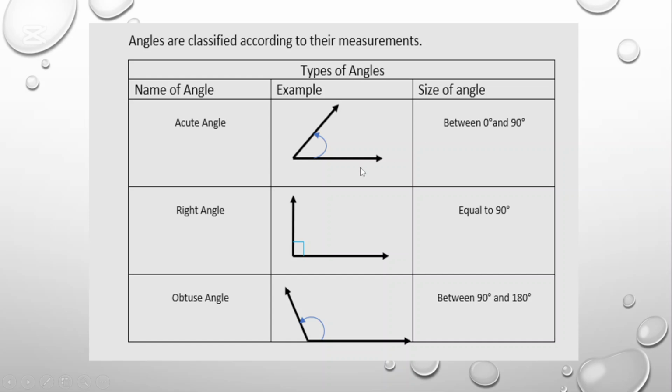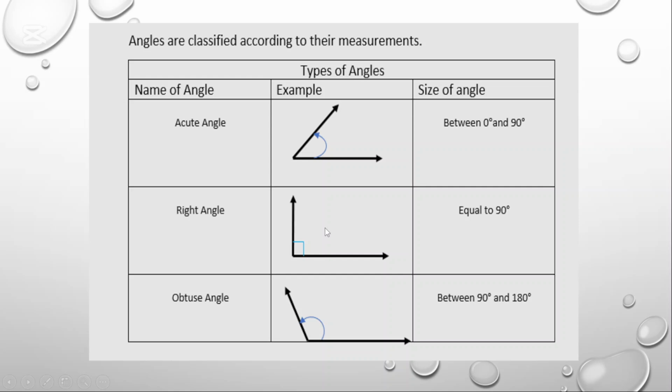So the one between 0 and 90, the movement, you can see we did not go past the 90-degree line, and this type of angle we call an acute angle. Then we have the one that is equal to 90, the movement from there to there, and we see our symbol there.